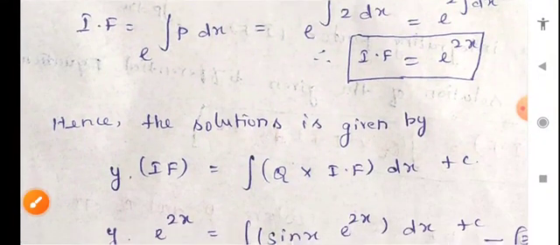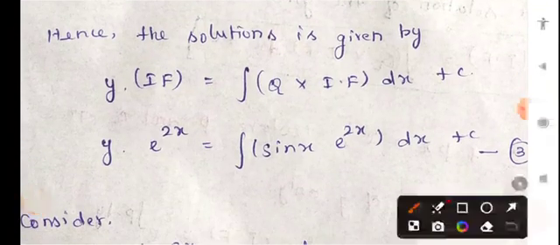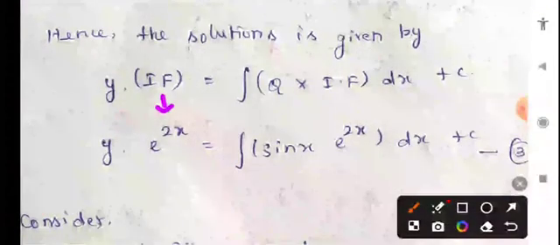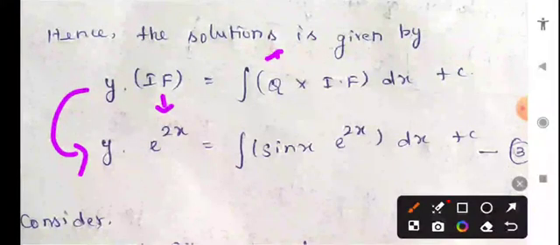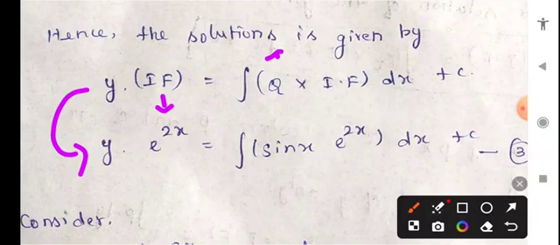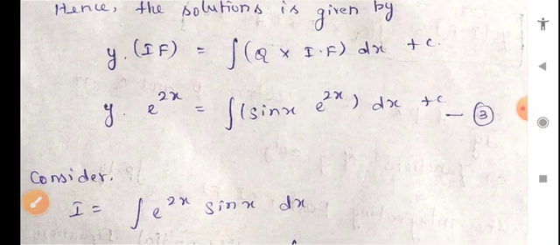Now we know the value of the integrating factor and q, so we can replace them in this standard solution. So y into e power 2x equals integral over q, which is sin x, into the integrating factor e power 2x into dx plus c. Take this as the third equation.